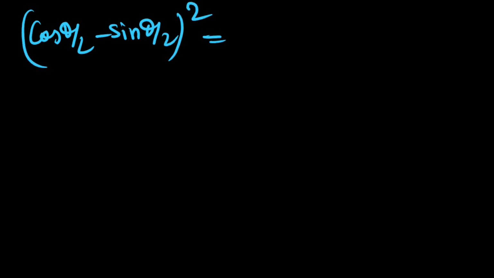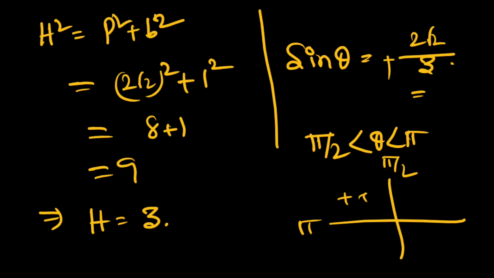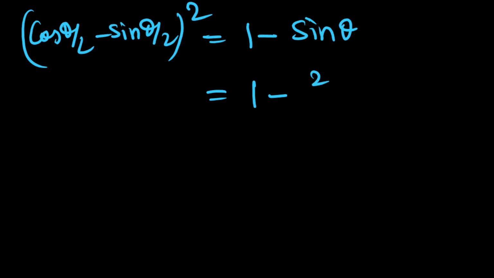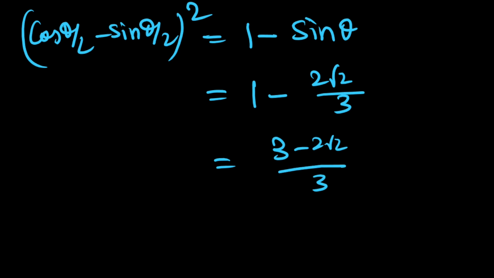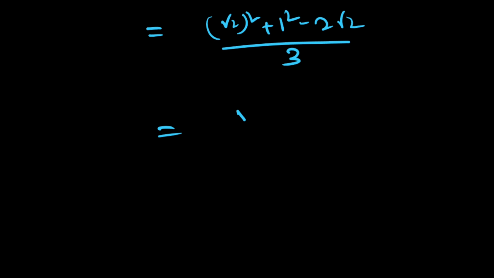So we got (cos theta by 2 minus sin theta by 2) whole square equal to 1 minus sin theta. Therefore 1 minus sin theta equals 1 minus 2 root 2 over 3, that is 3 minus 2 root 2 over 3, that is 2 plus 1 minus 2 root 2 over 3, which is (root 2) square plus 1 square minus 2 root 2 over 3, that is (root 2 minus 1) whole square over 3.